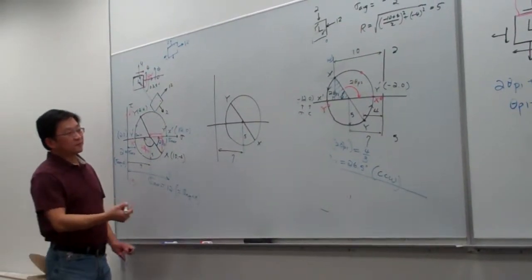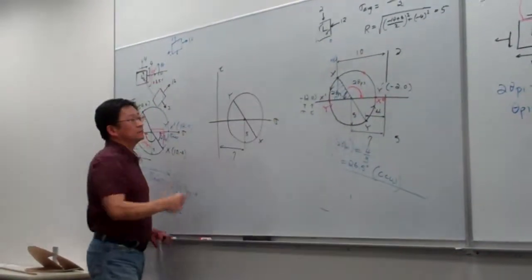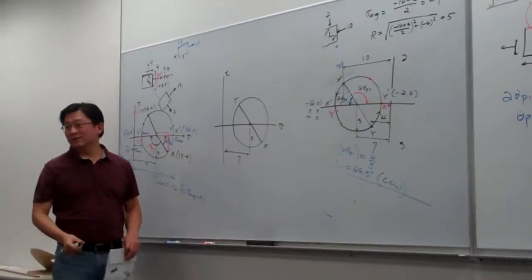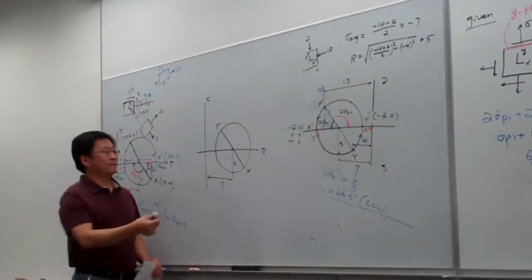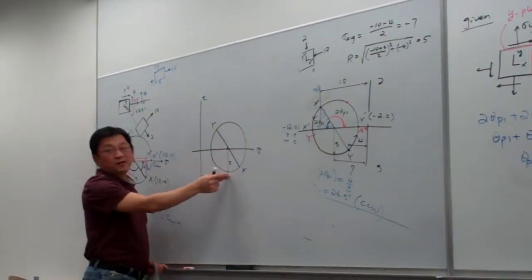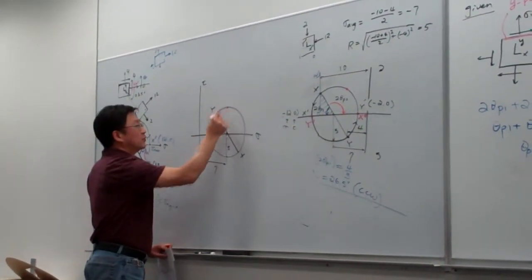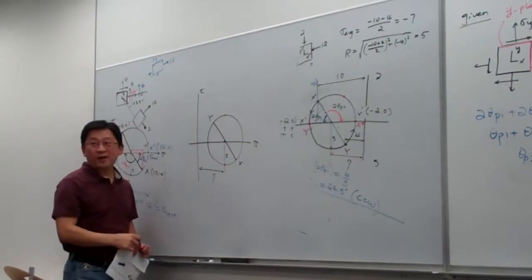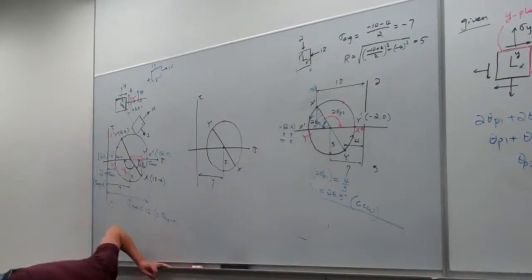Now for this given information, if we want to calculate the maximum shear stress, what is the magnitude of the shear stress at the North Pole and at the South Pole? Either this point or this point corresponds to the maximum shear stress. So here the magnitude is equal to R.